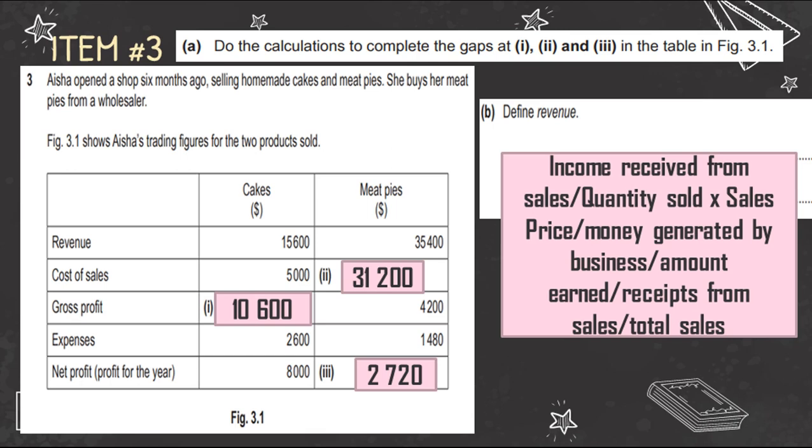Or you can say money generated by the business, the earned receipts from the total sales. To make it easier, revenue is the income received from the sales, and you can also include the formula: quantity sold times the sale price.